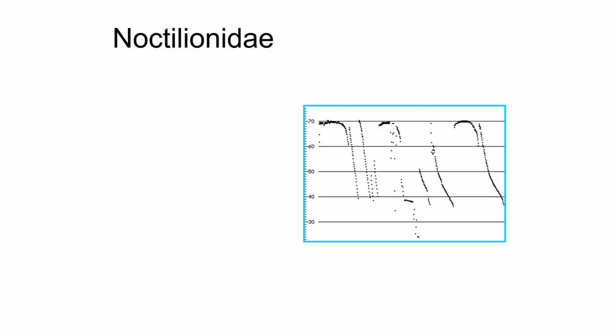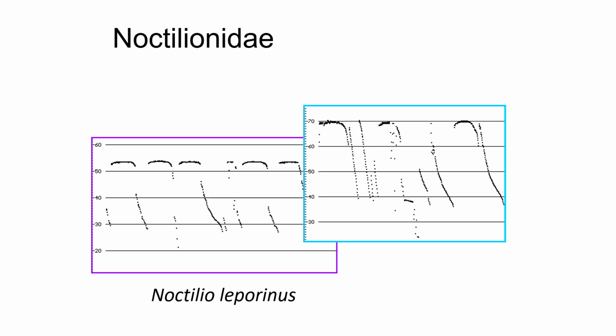So I froze my call on the screen in hopes that maybe they captured whatever bat that was. Turns out, compared with Noctilio leporinus, the fishing bat, what we had caught there in the garden on the campus was the first verified calls of Noctilio albiventris.